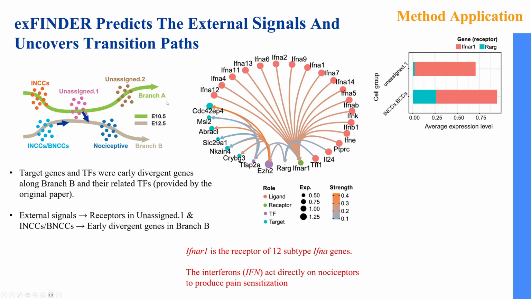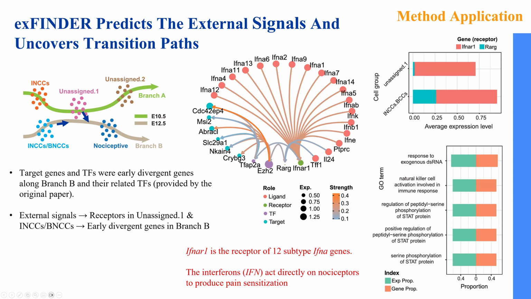That means that, based on these external signals, they can activate these two receptors at the same time, and then these two may contribute to branch B. Using this network, we can perform GO-term analysis and use the compare function in exFINDER to rank the top 5 biological processes related to this network.